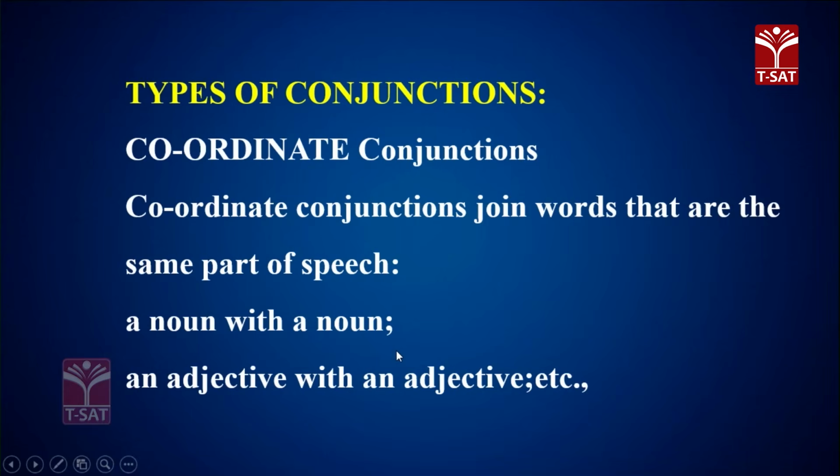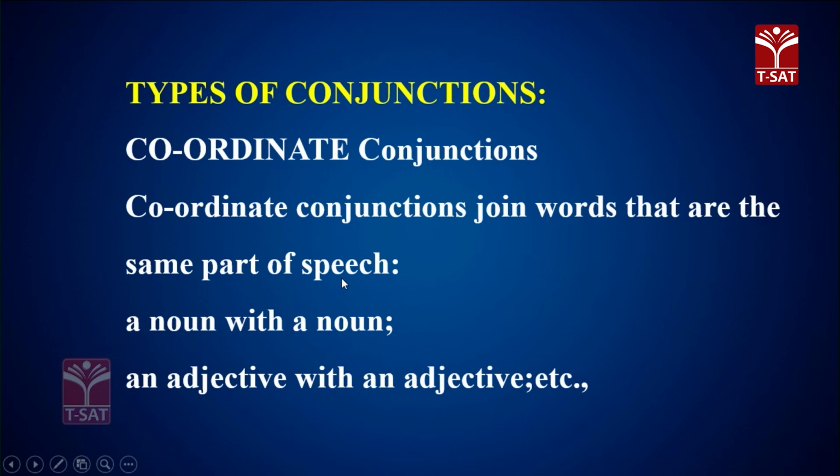Now we will see the different types of conjunctions. The first type of conjunctions is coordinate conjunctions. What do you mean by coordinate conjunctions? Coordinate conjunctions join words that are the same parts of speech.